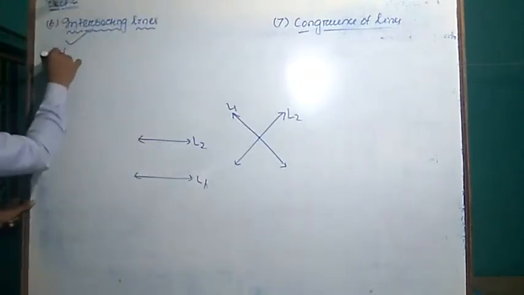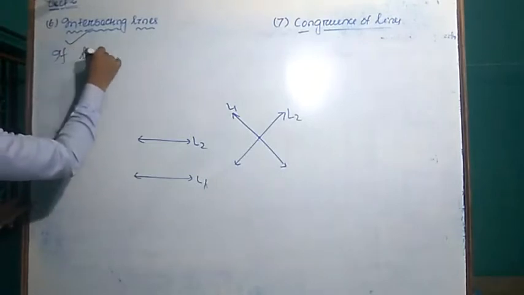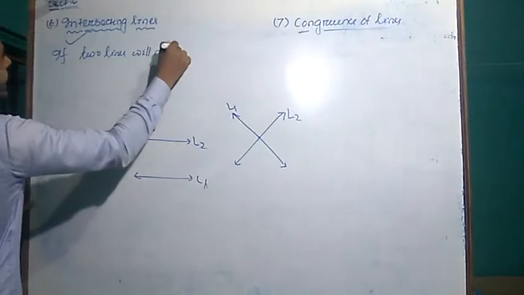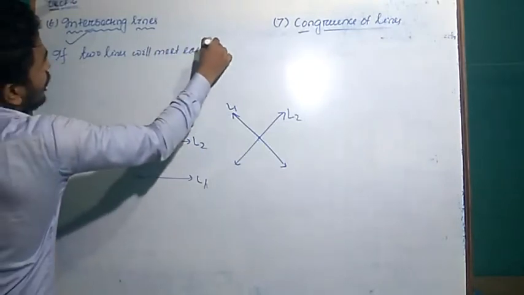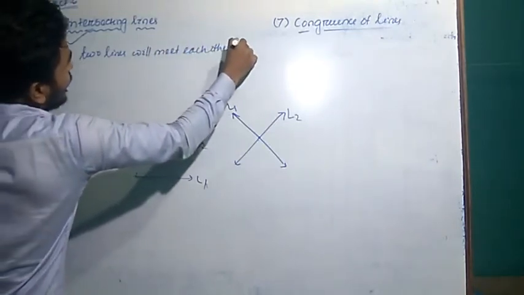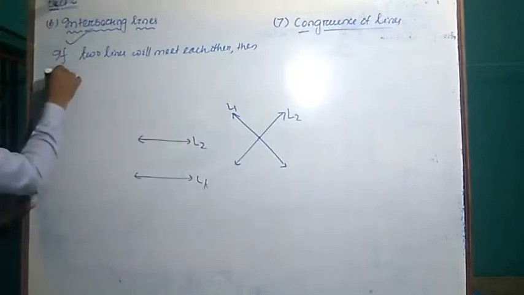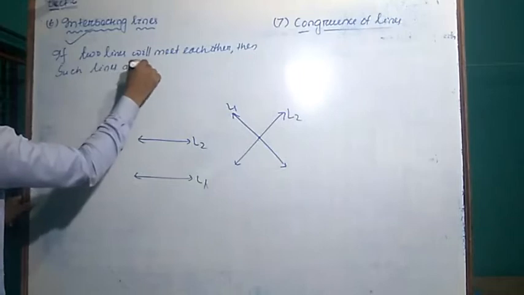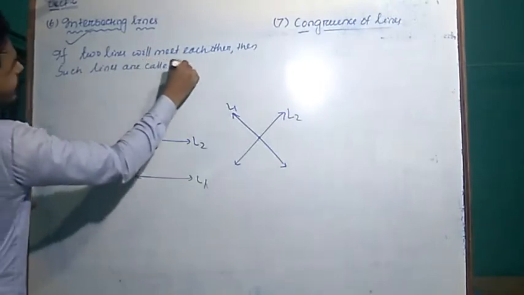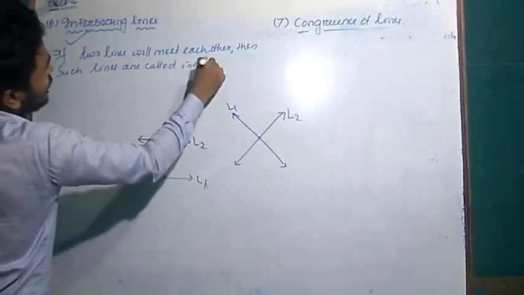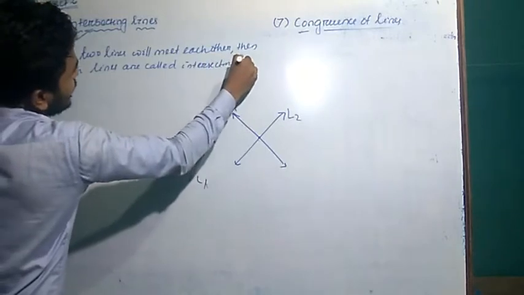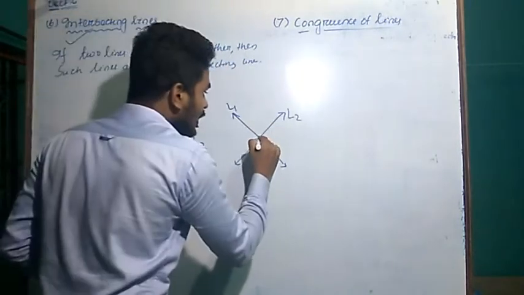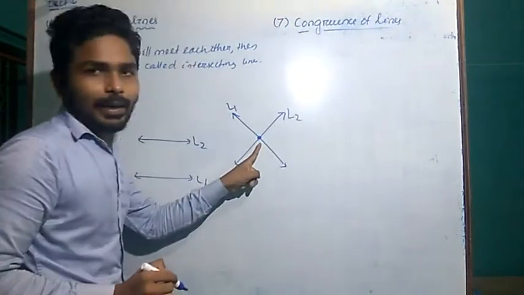So write it: if two lines meet each other, then such lines are called intersecting lines. Here you can see these two lines meet each other at a given point.